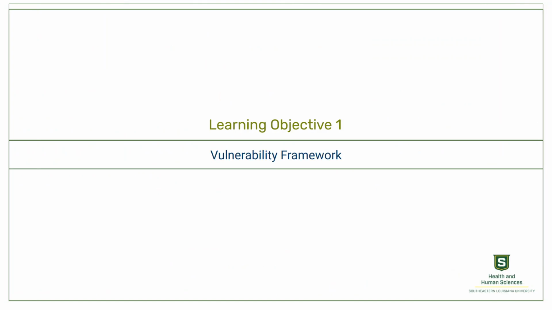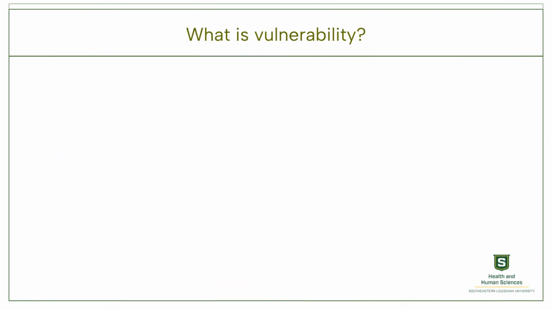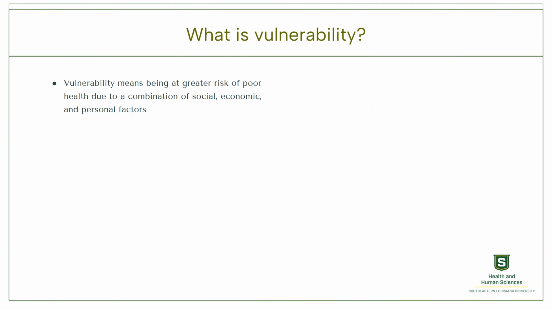So, starting with the first learning objective, where we're going to focus a lot on the vulnerability framework. Let's start by defining what vulnerability is. In very simple terms, it means being at a greater risk of poor health outcomes or poor health in general due to a combination of factors that include social, economic, and personal factors.